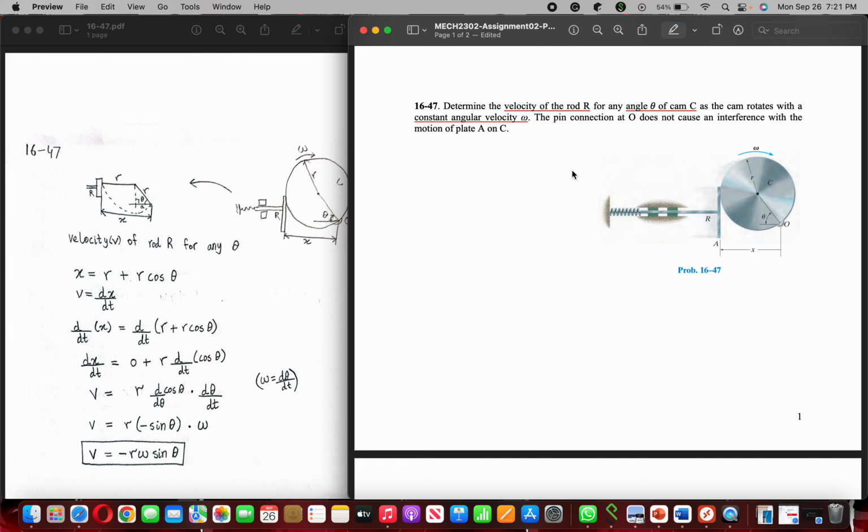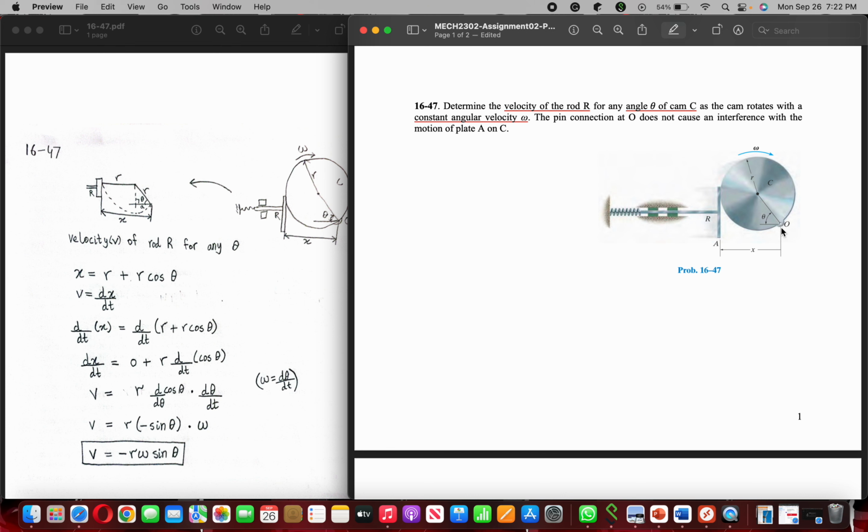So this is the diagram given. It shows a rod R with a velocity, and this is the plate A connected with rod R, and this is a plate C which is rotating with angular velocity omega, and the cam C has a radius R, and this is a point O where there is a pin connection.